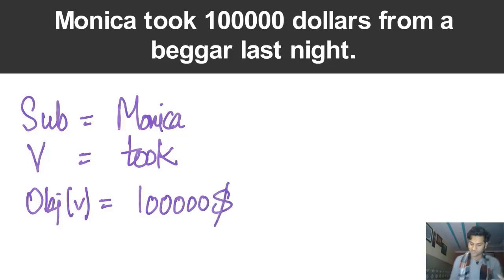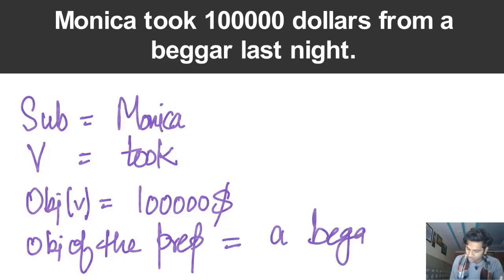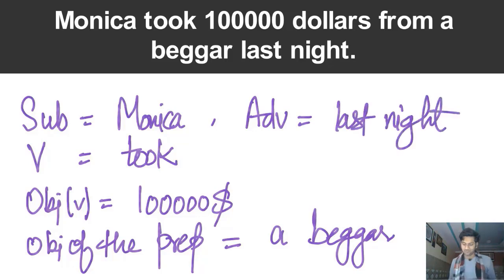All right, let's just use the dollar sign. And then we have the object of the preposition, which is from a beggar, right? And we also have an adverbial, right? Adverbial, which is last night, right? An adverb that is talking about the time of the action.